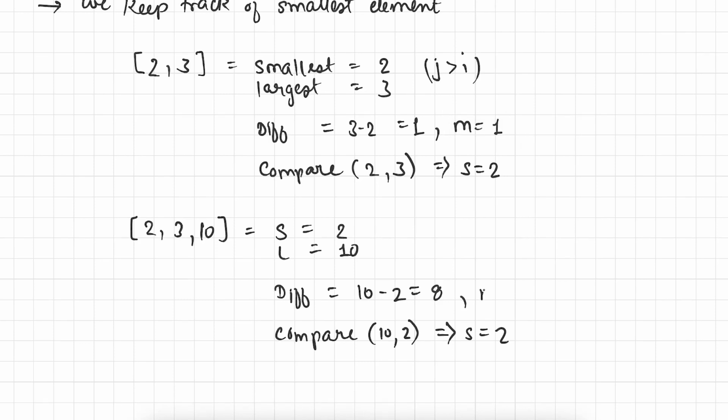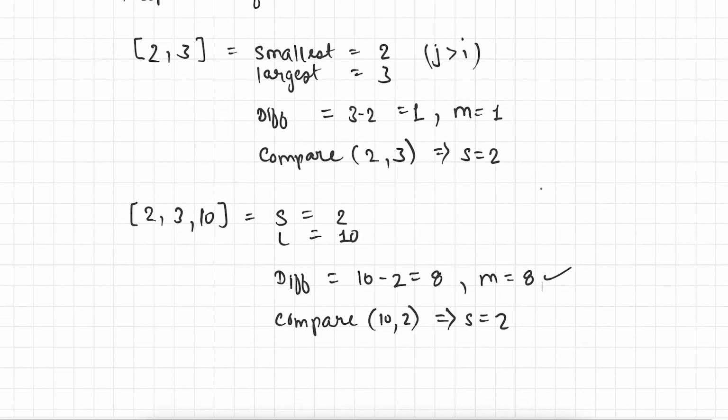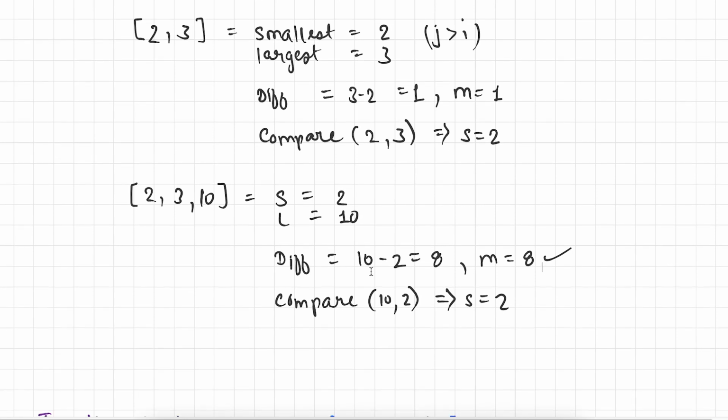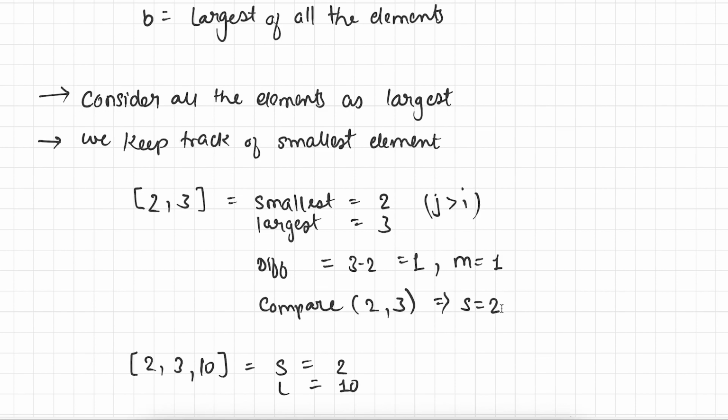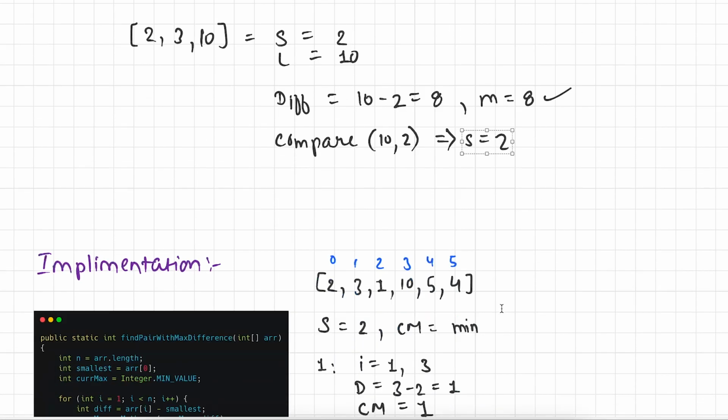So this time we update our maximum to 8, and this is the maximum difference we got so far by subtracting two elements. Then we compare whether the current element is smaller or greater than the smallest element, and you can see that among these numbers, 2 is the smallest. So we keep our smallest as it is. This is the simple approach we are going to follow to solve this problem.